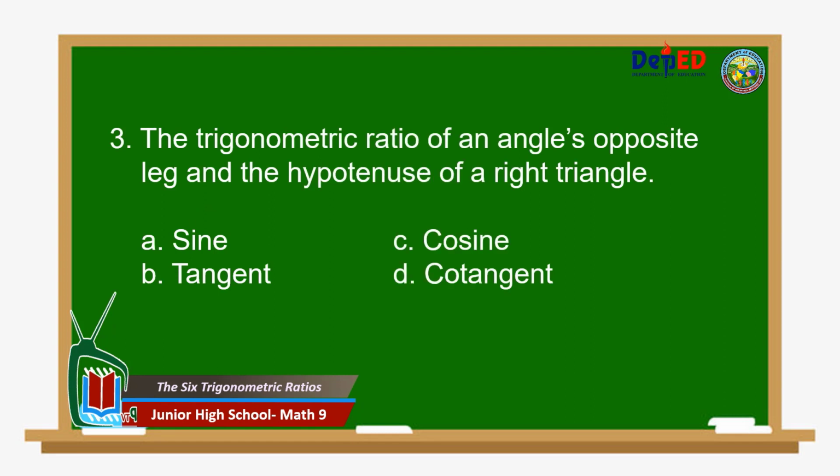Third question. It is the trigonometric ratio of an angle's opposite leg and the hypotenuse of a right triangle. A. Sine. B. Tangent. C. Cosine. And D. Cotangent.